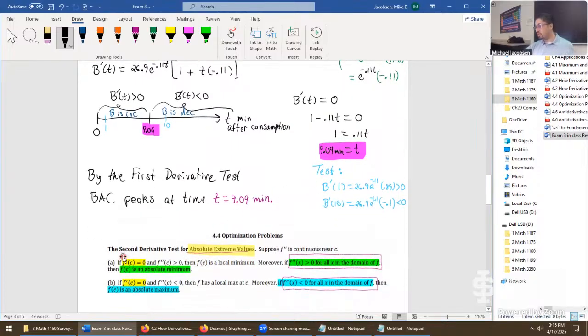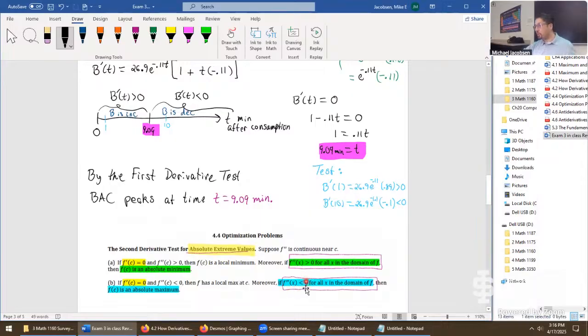So that's this stage. However, we skip all the way to this part because we're going for, hang on, let's go to part B. We're going for an absolute maximum. We don't care about the local maximum at all in this one. So we have to show the second derivative after we calculate it is negative for all x.